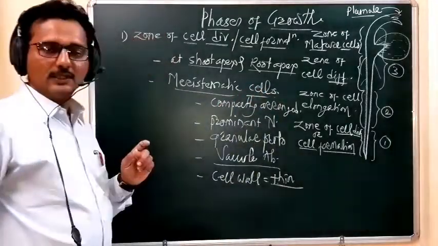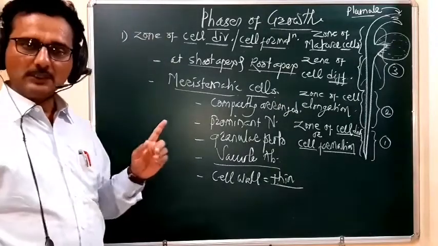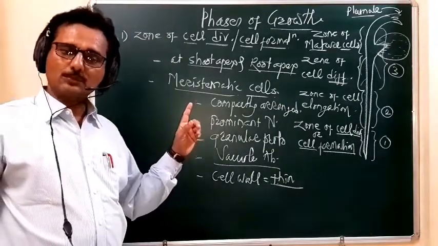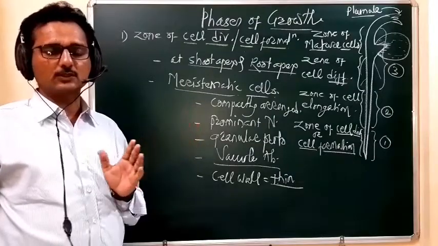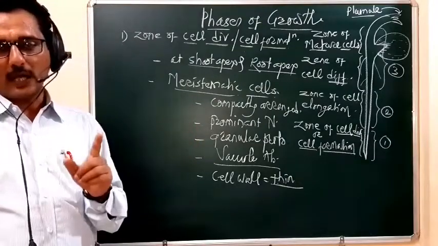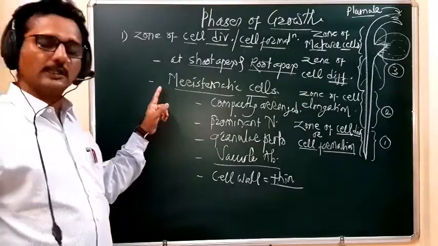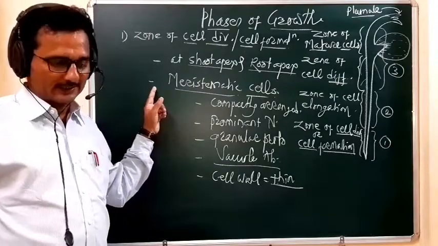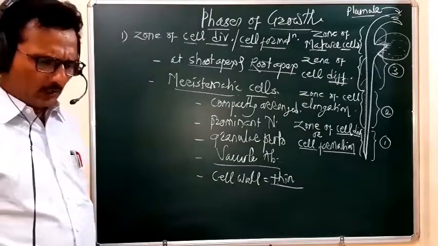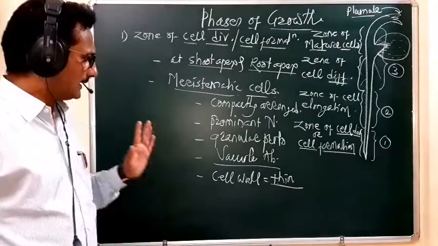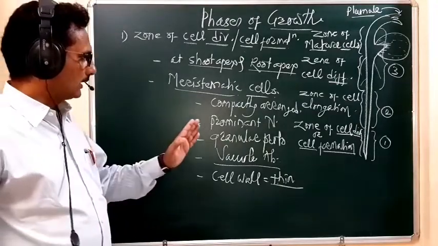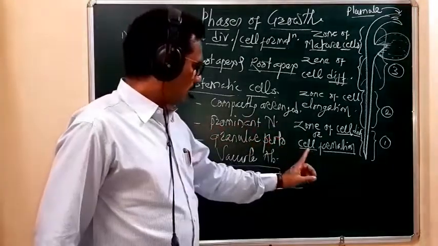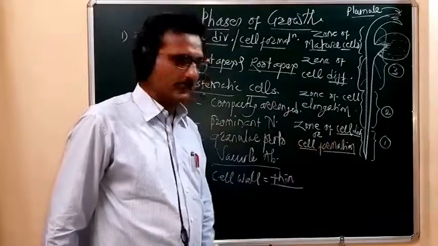And remember, students, these meristematic cells are reported only in plants. They are never reported in animals. So plants show continuous growth because of the meristematic region. At this region, there is continuous cell formation and cell division.